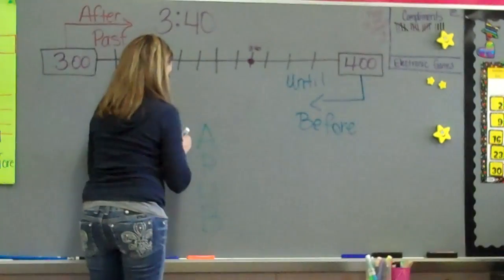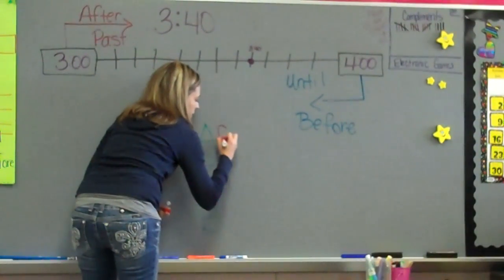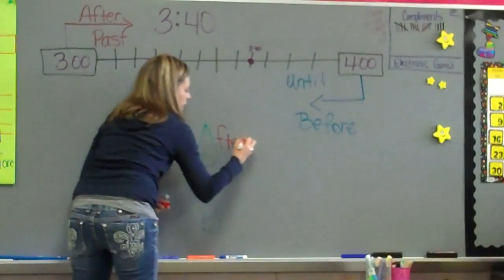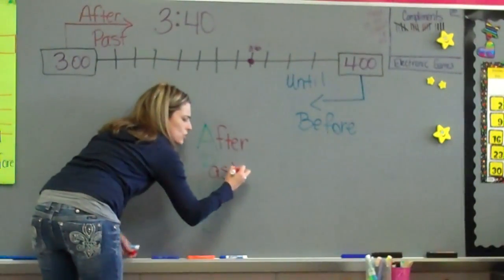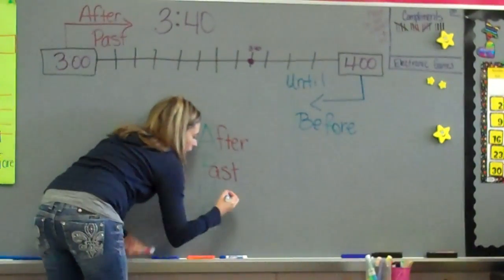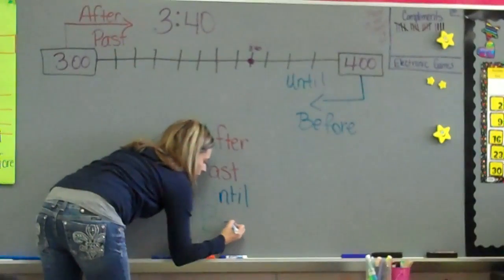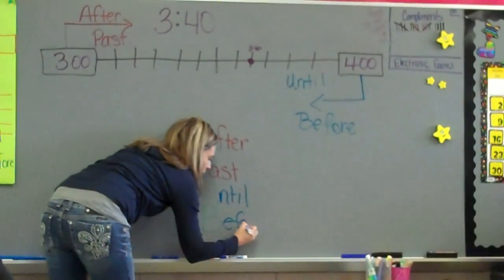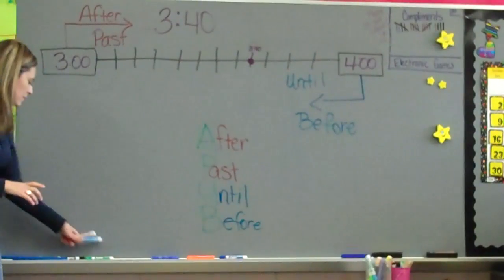The A is going to stand for after. The P is going to stand for past. The U is going to stand for until. And the B is going to stand for before. So we have the word APUB.